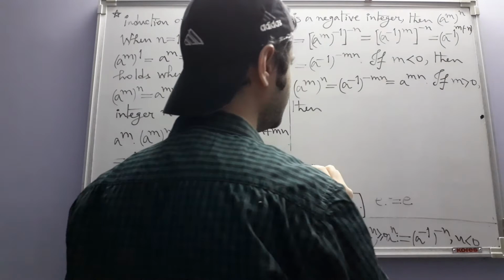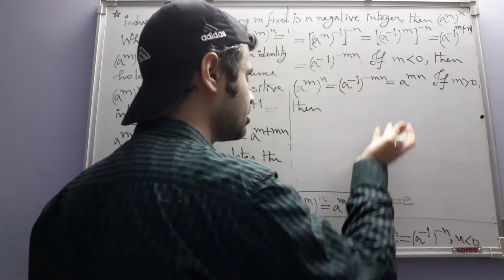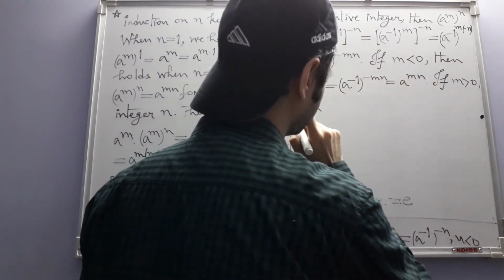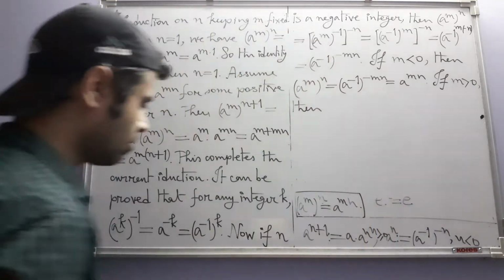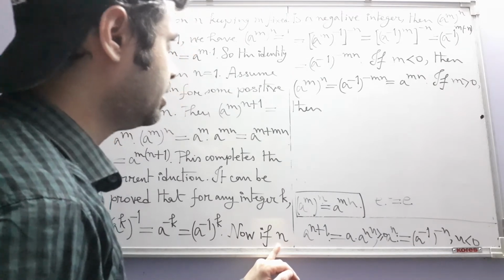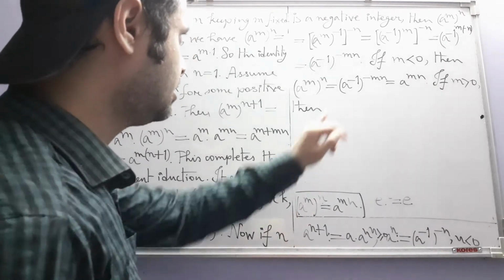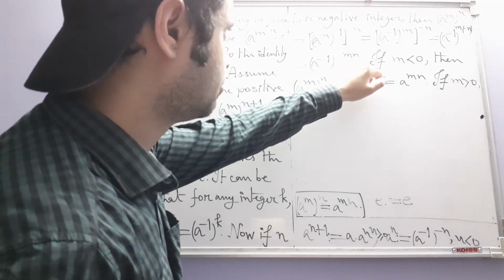So if m is positive, then minus mn is negative or positive? Okay, I am getting confused here. N is already negative. So if n is negative, then minus n is positive.